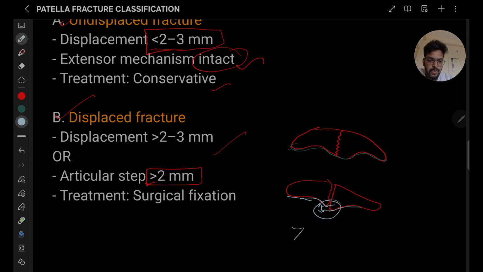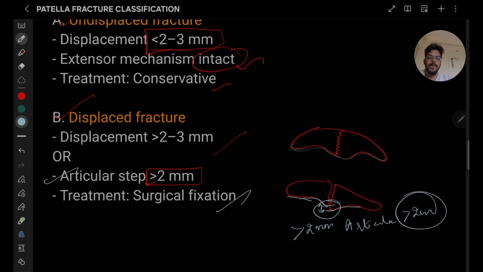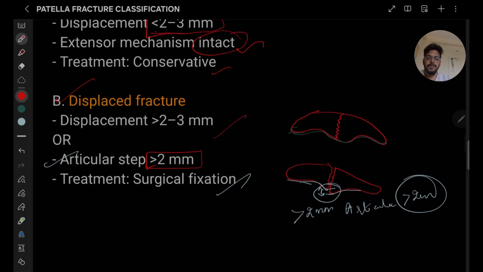If it is more than 2 mm, that is articular stepping of more than 2 mm, you definitely have to do surgical fixation, and it is also a displaced fracture.